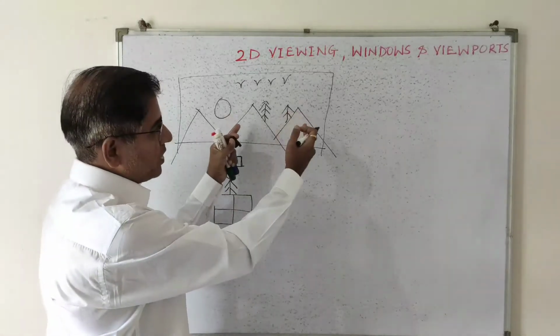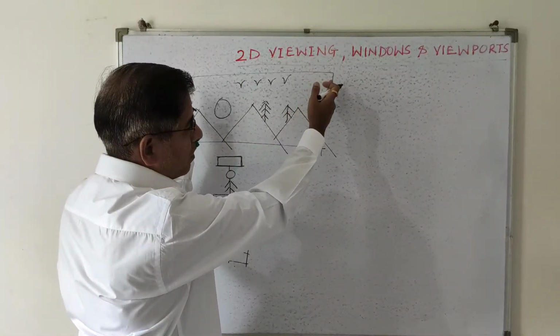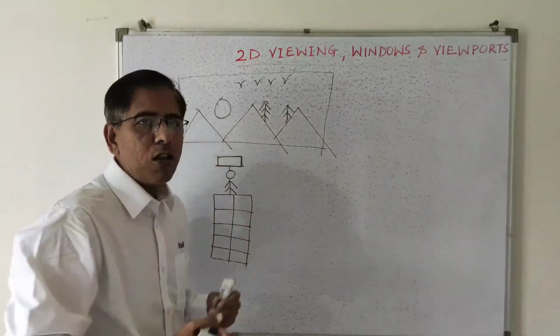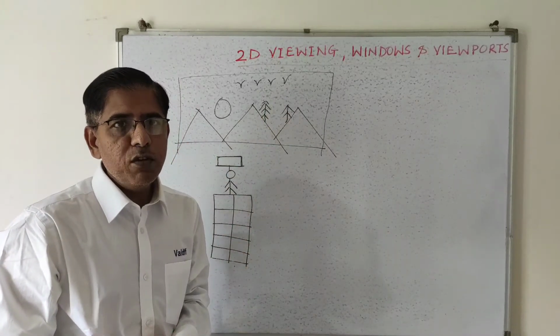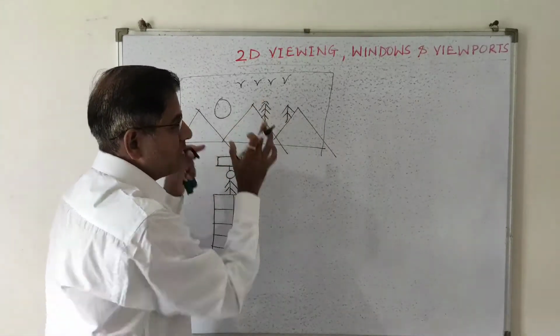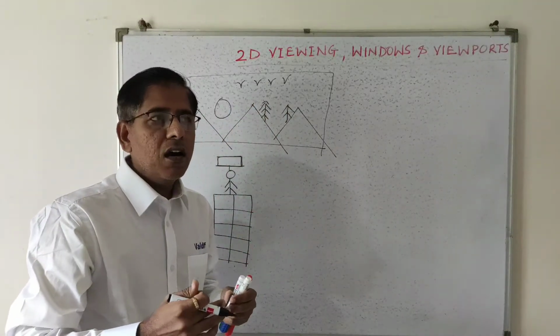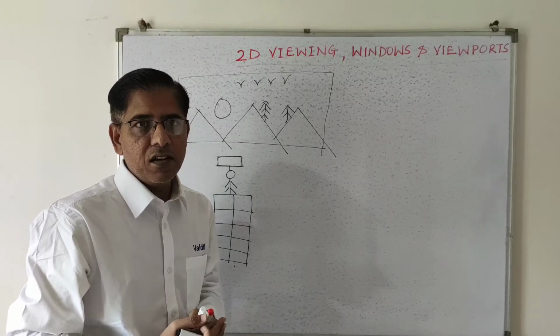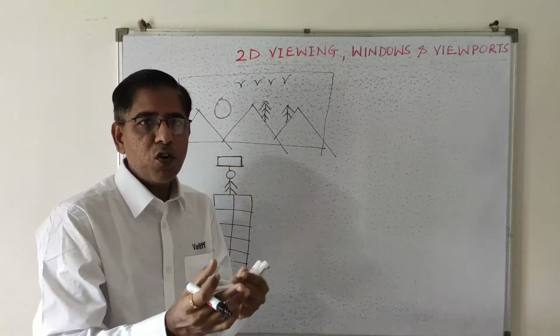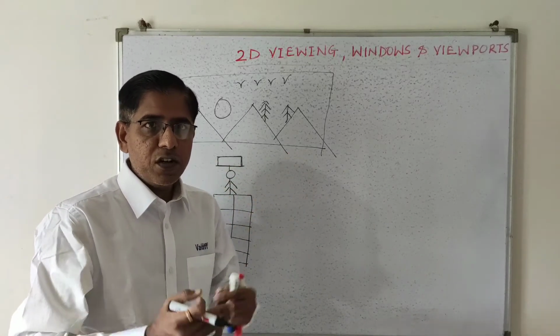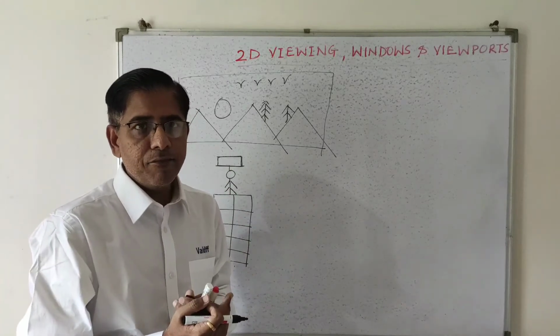Now this transformation from a large rectangle to a small rectangle is called 2D viewing, because this scene is three-dimensional. It is a portion of space, so it's a three-dimensional entity.